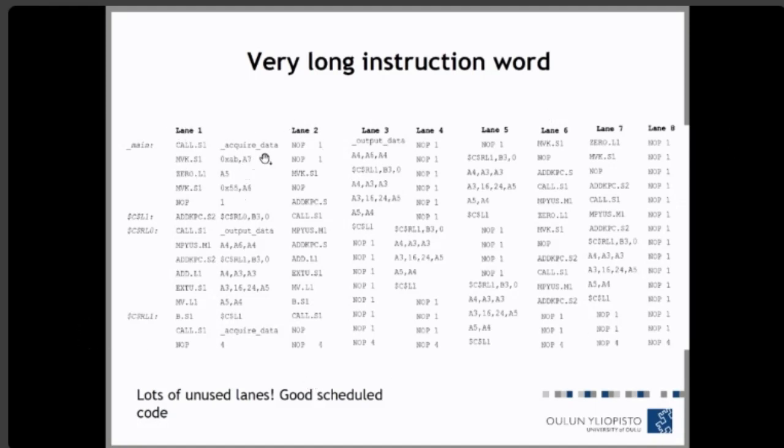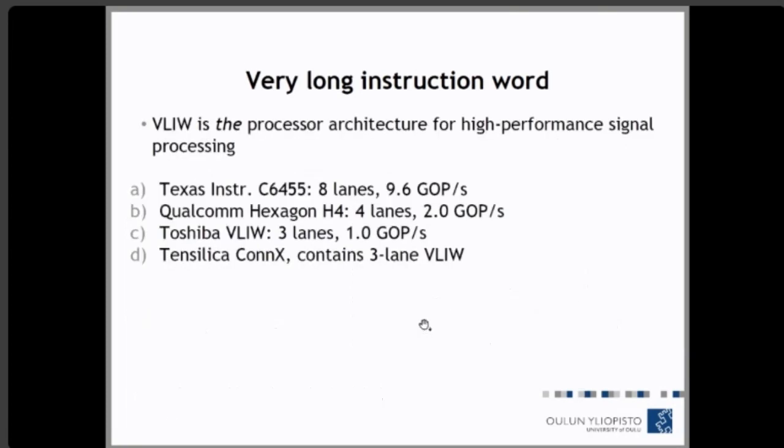So if we have 1,000 lines of code and let's say we have a 4-lane VLIW, ideally we can run that 1,000 lines of code in 250 cycles instead of 1,000 cycles, because we run it in 4 lanes.